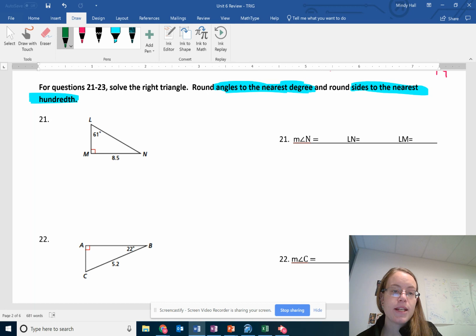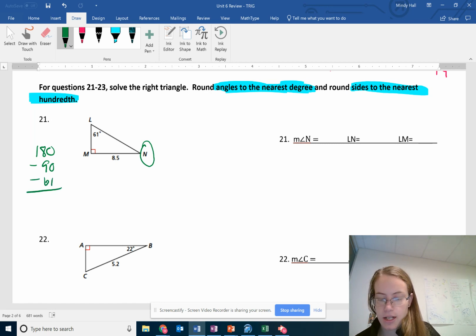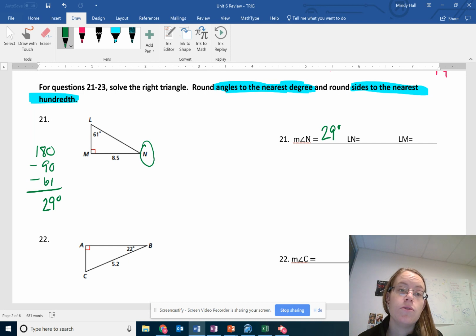So the easiest way to get angle N is just to subtract from 180. So 180 minus 90 minus 61. That would give us 29 degrees for N. And if you didn't believe it, you could also do inverse trig, but you would have to get another side measure, which could get more complicated.